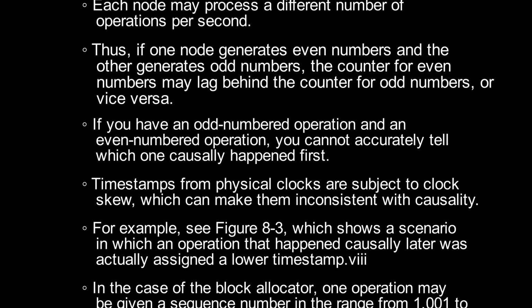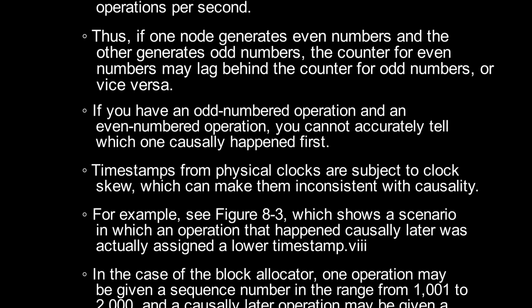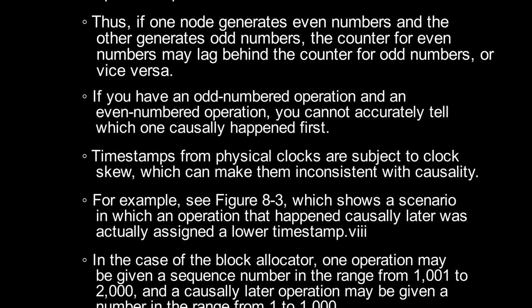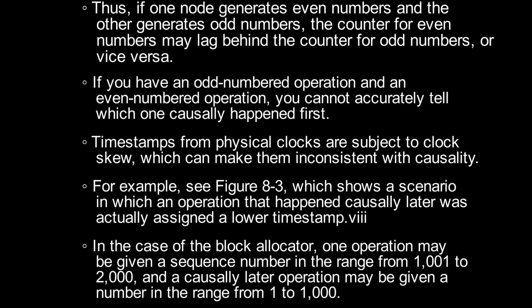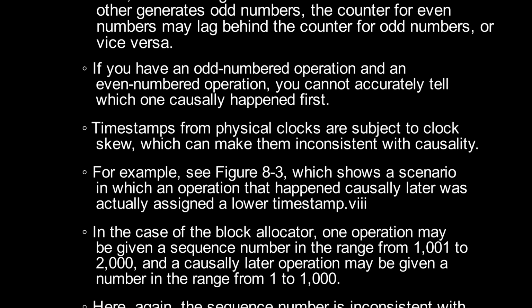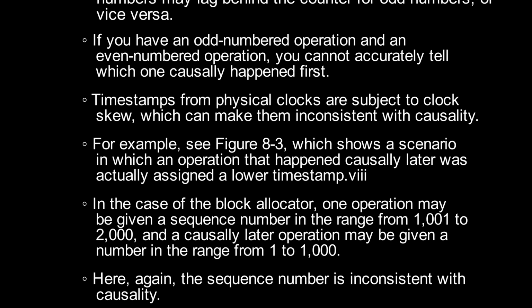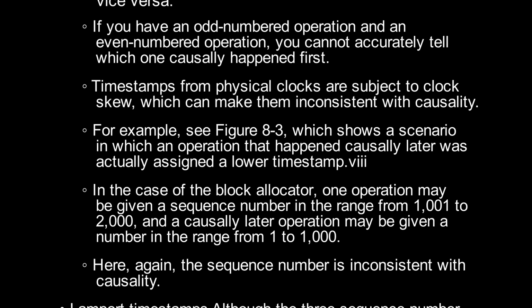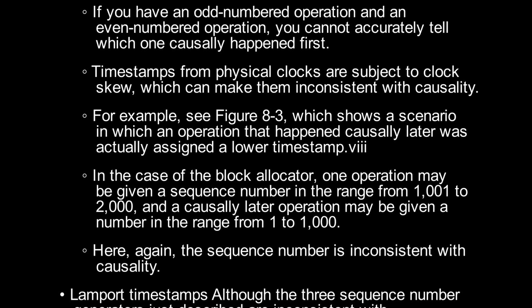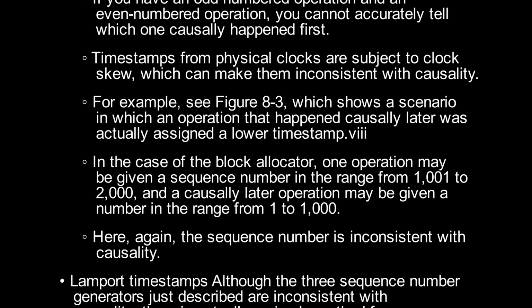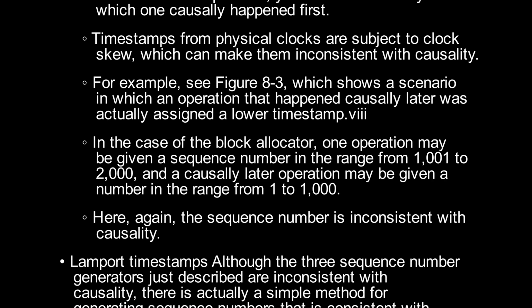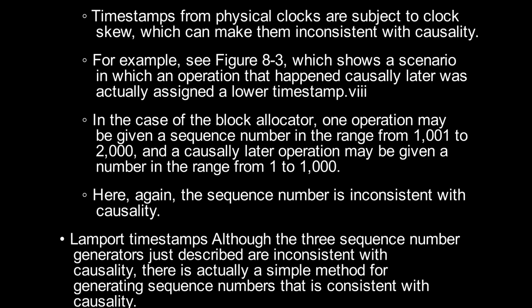For example, see Figure 8-3, which shows a scenario in which an operation that happened causally later was actually assigned a lower timestamp. In the case of the block allocator, one operation may be given a sequence number in the range from 1001 to 2000, and a causally later operation may be given a number in the range from 1 to 1000. Here, again, the sequence number is inconsistent with causality.